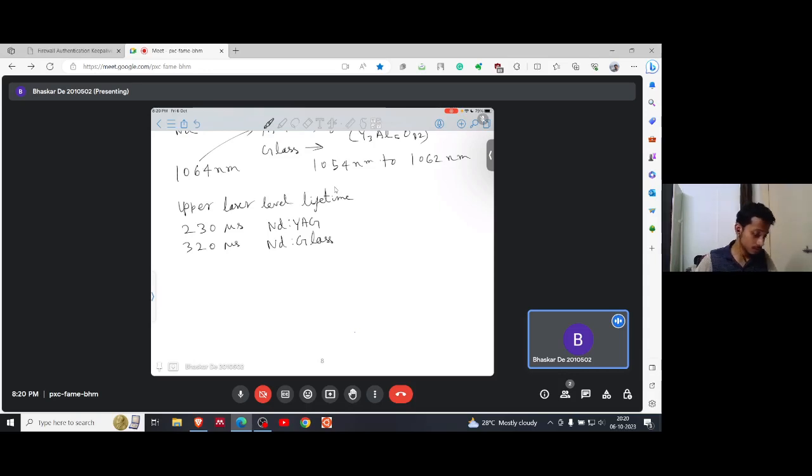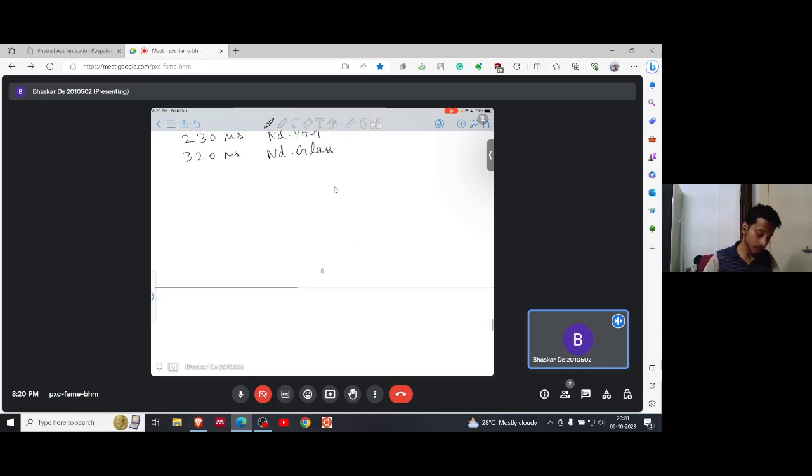So there are multiple ways of using the Nd laser. One is flash lamp pumped Q switched Nd:YAG lasers.